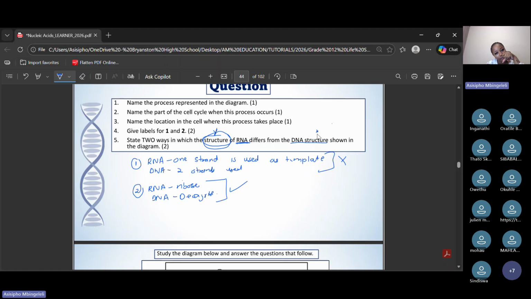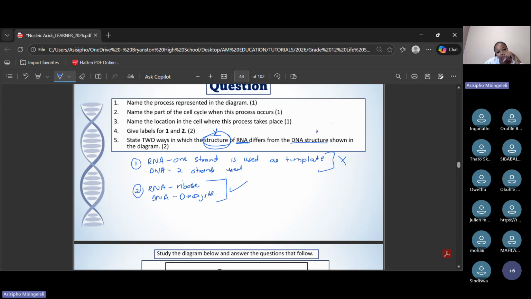Okay. I wrote, the question is state two ways in which the structure of RNA differs from the DNA structure shown in the diagram. I said that the RNA structure is single-stranded and the DNA structure is double-stranded.